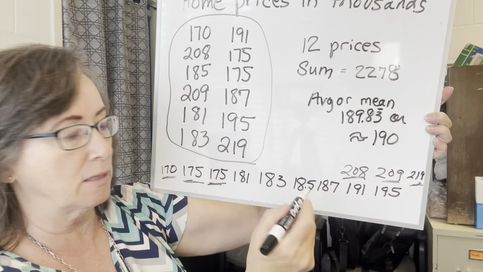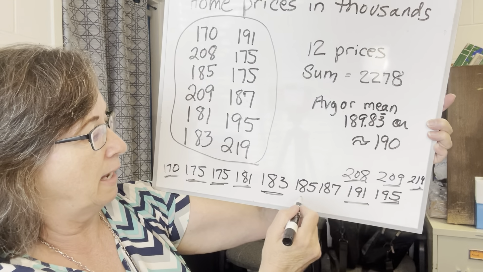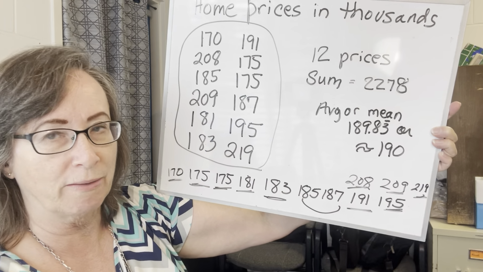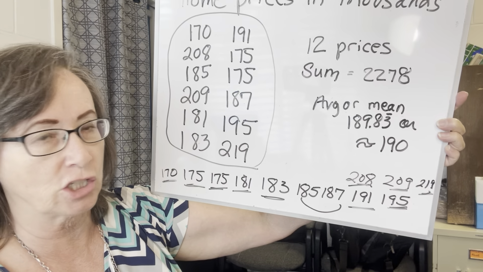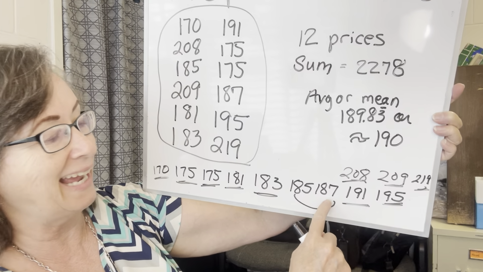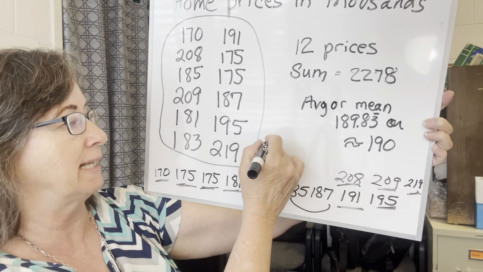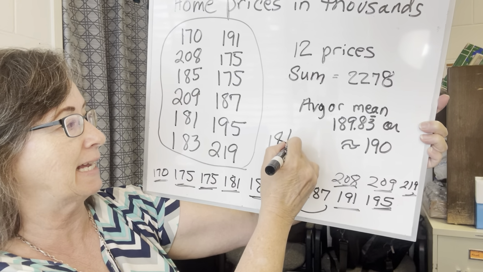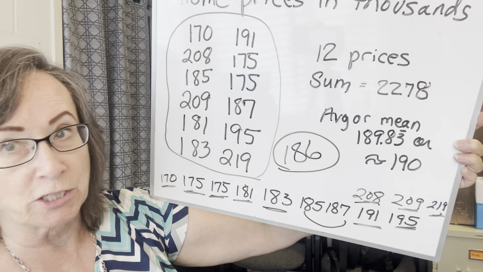I'm moving into the middle, right? The next one, the next one, and then I have 2 that are in the middle. Since I have 2 that are in the middle, I have to take the average of those 2. So the median would be 186 because it's right in between 185 and 187. So 186 will be the median, okay, which is what your book says.